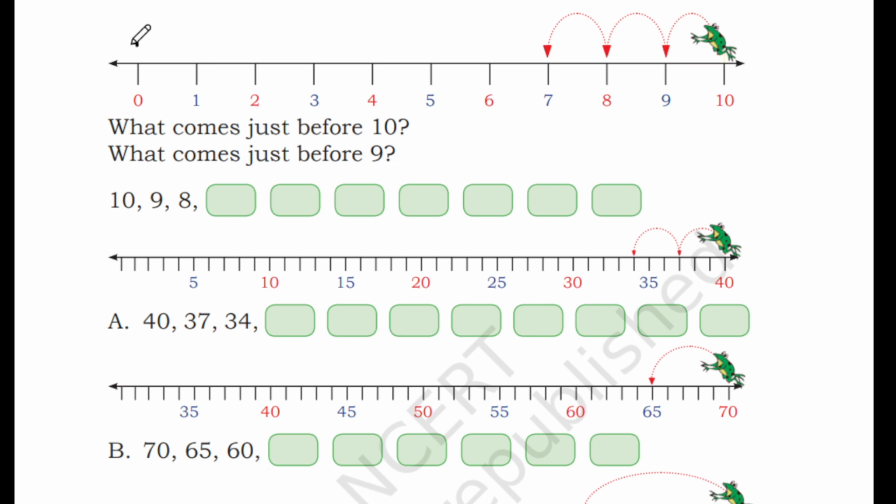So we have 10, 20, 30, 40, 50, 60, and the next one we have 70, 80, 90, 100. You have a number line here.